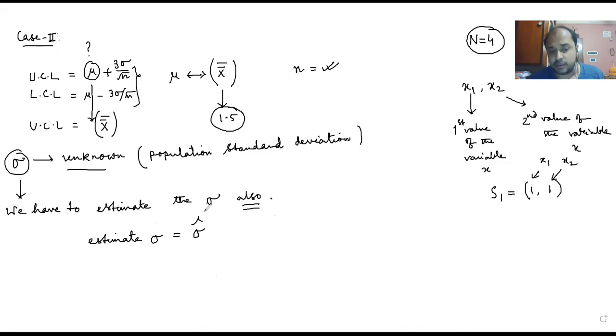Cap means estimator; it is a notation. Sigma cap means estimate of sigma. The formula is given by R bar by d2.